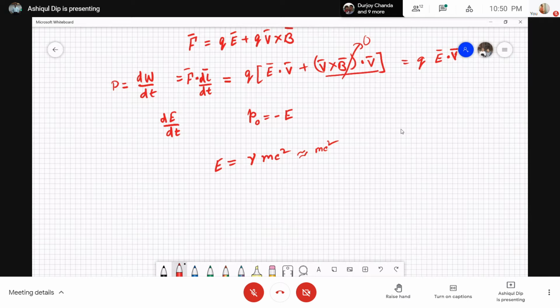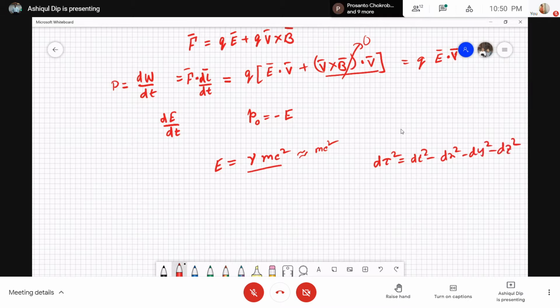People know this formula, so they need to be able to convert it into gamma m. So why is this happening? We had our definition of proper time, right? d tau squared equals dt squared minus dx squared minus dy squared minus dz squared, right? This is what we had.